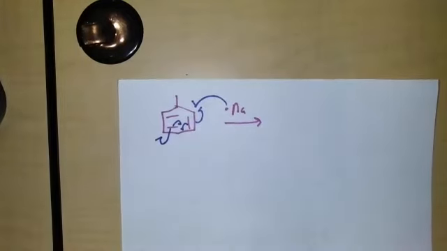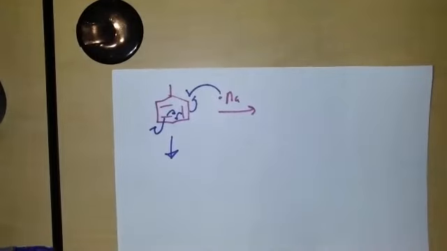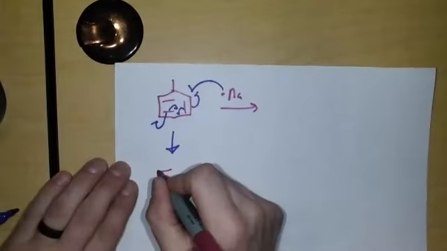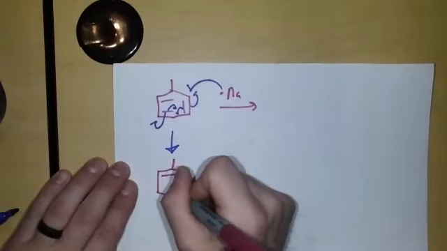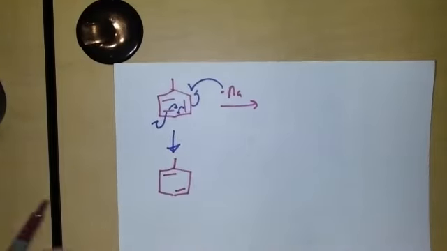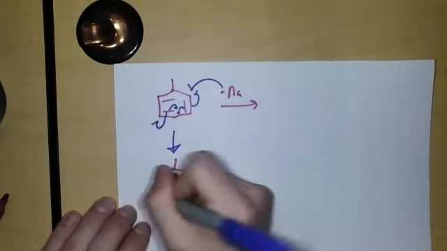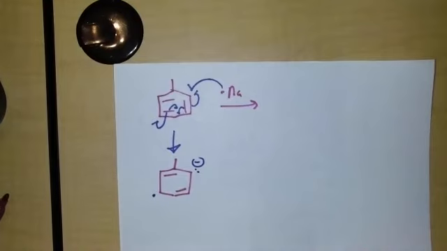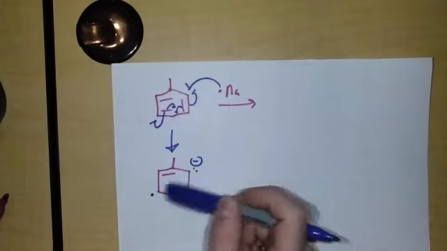Our electrons are going to orient themselves like this. When you have a lone pair and you have a single electron, these are always going to dramatically repel each other.